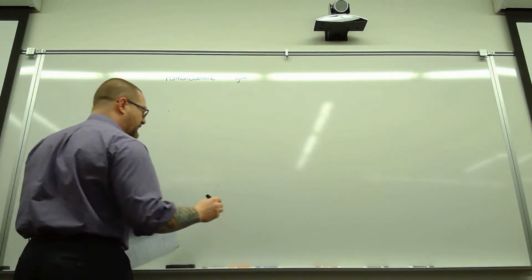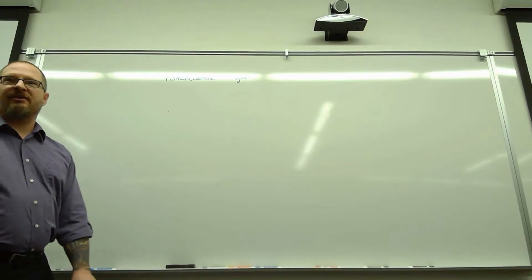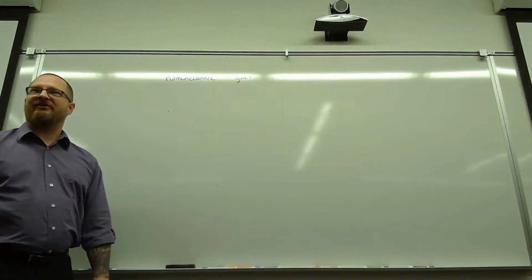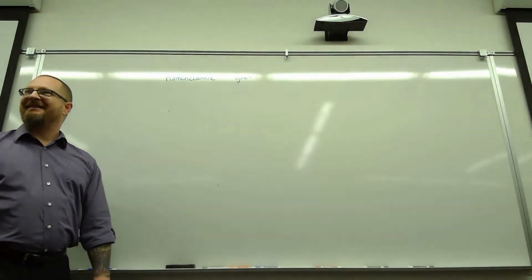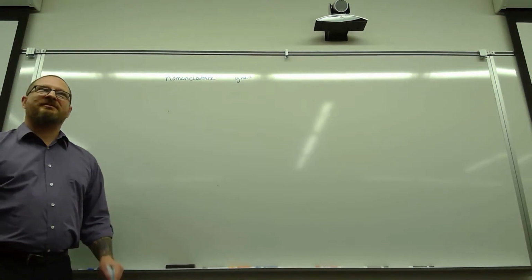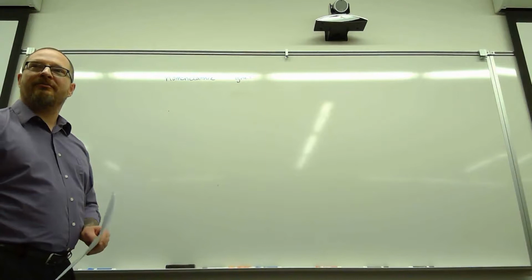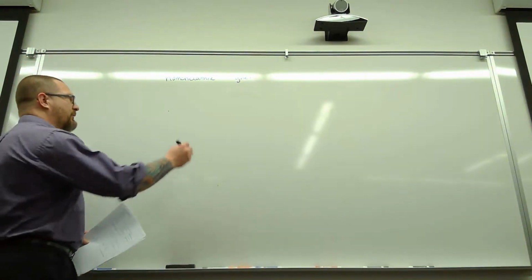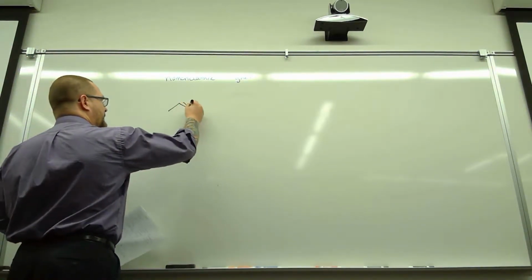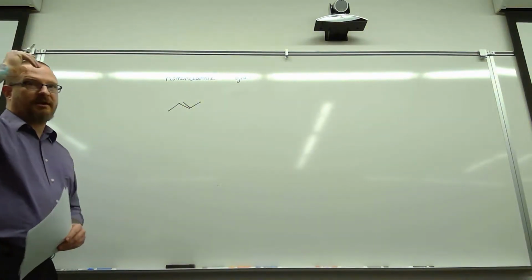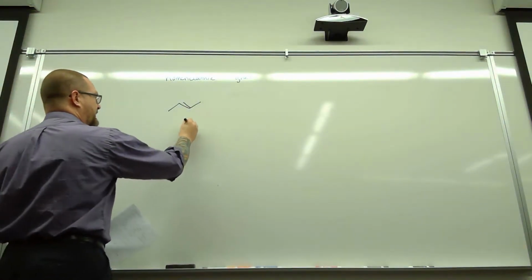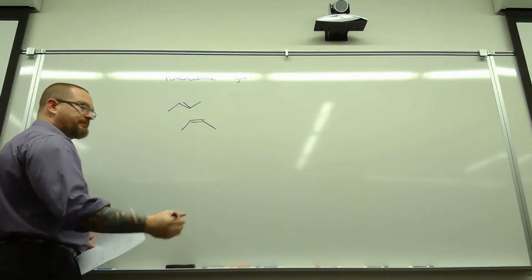Oh, drawing these in shorthand. I'm getting sick and tired of doing C's and H's. So I'm going to probably, as we get more complex with our examples, start drawing things in stick form more often. So we've already talked about the differences between drawing in trans alkenes versus cis alkenes.